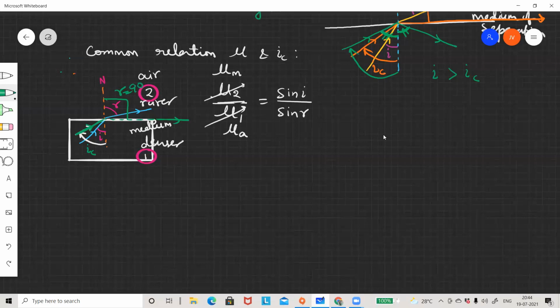Then that angle of incidence is called the critical angle, for angle of refraction being 90. So we have the refractive index of a medium by the refractive index of air, which is approximately 1, which is the sine of the critical angle. Just a moment, what I did. Mu2 by mu1 is sine i.